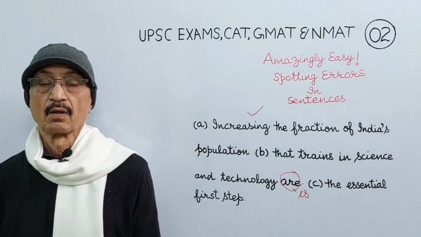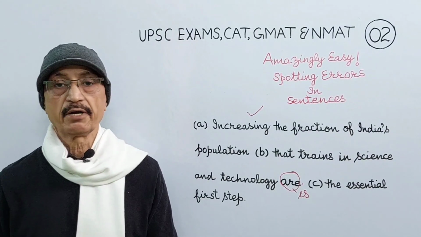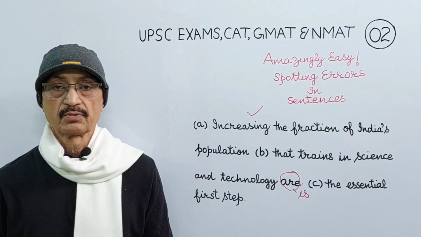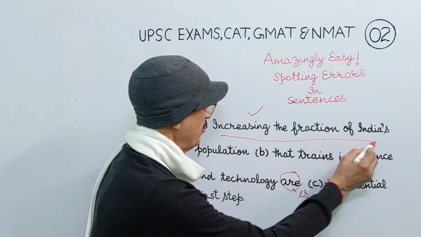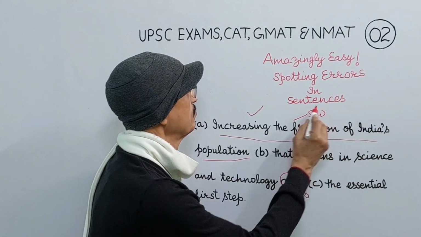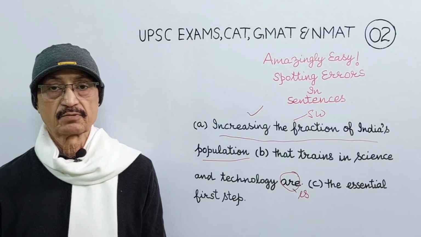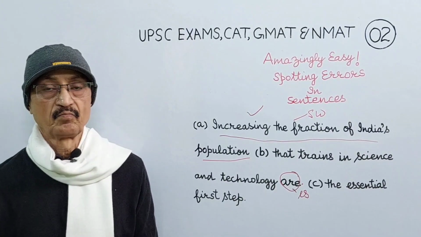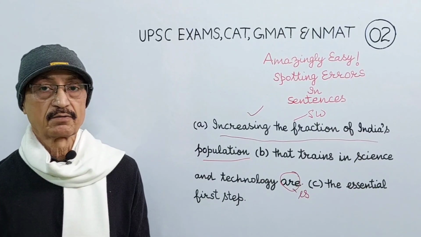Is, because the subject is singular in nature. The subject is increasing the fraction of India's population, and this is your subject verb. So you will take is in place of are. Some students may make this mistake.